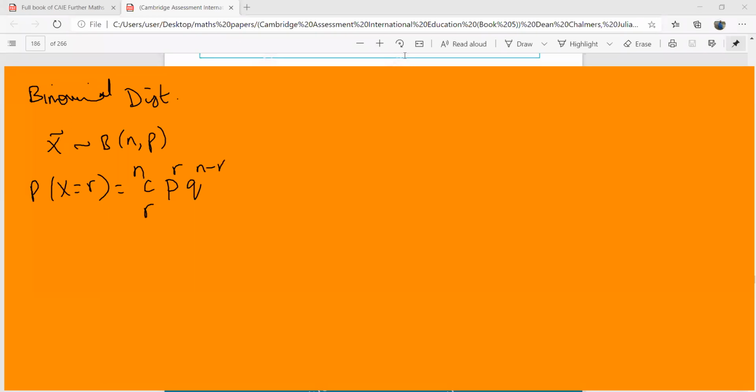I have to add two formulas into it. When you started your O-level statistics, you saw that with raw data, you find the mean through the formula sigma x over n, and the variance is sigma x squared over n minus the mean squared.